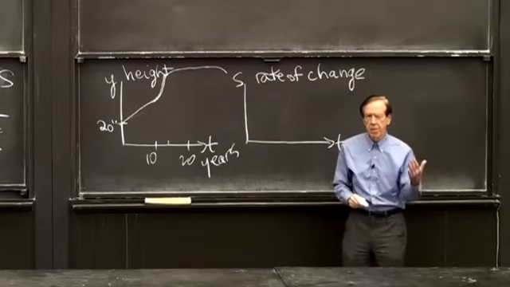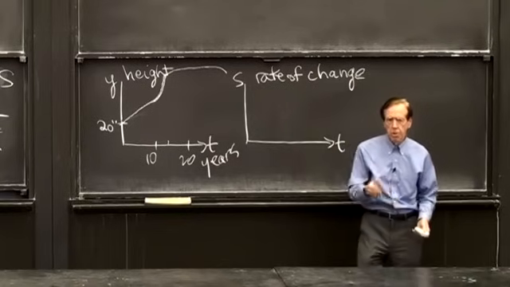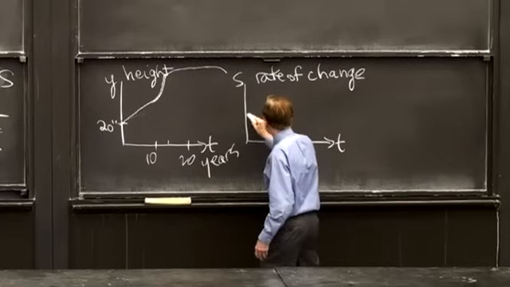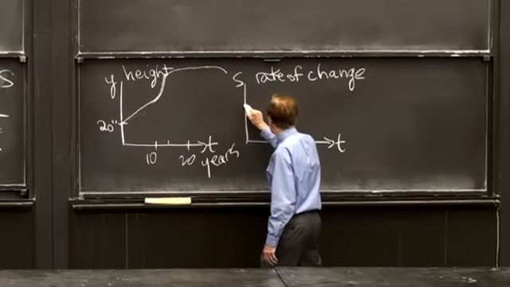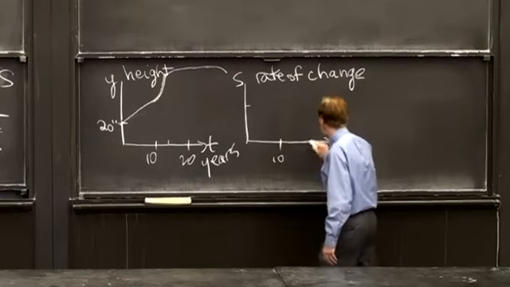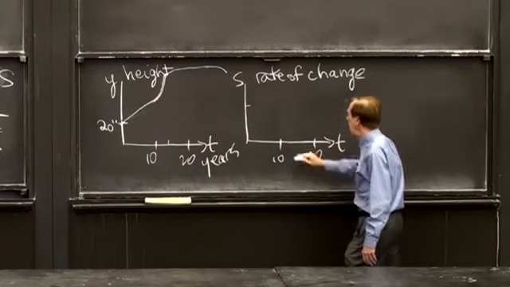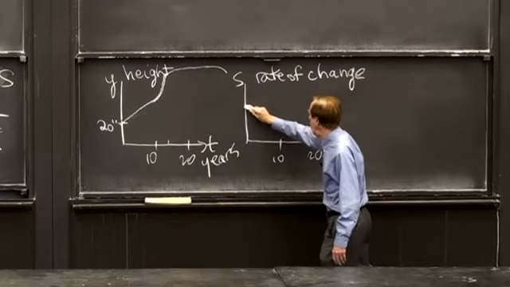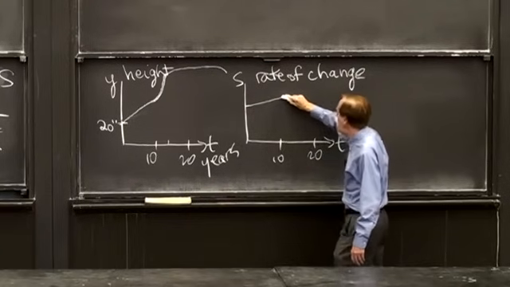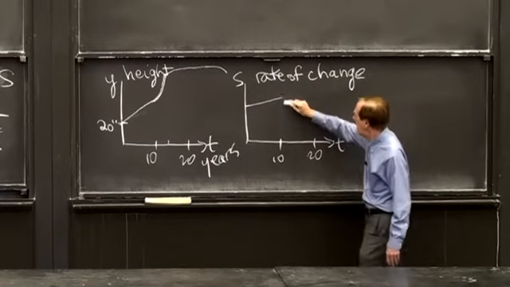It's fantastic that when we draw graphs of things, the word slope is suddenly the right word. So you're growing, maybe at a pretty good rate here. And let me mark out 10 and 20 years. And okay, you're doing well.